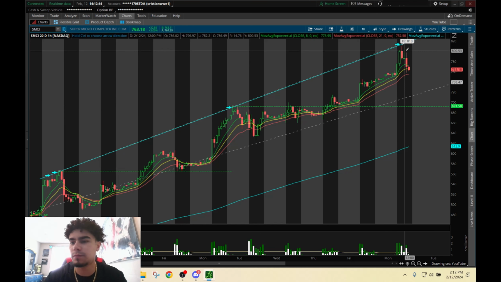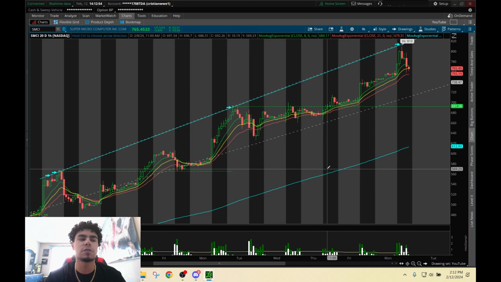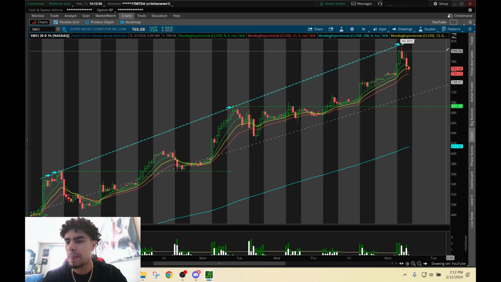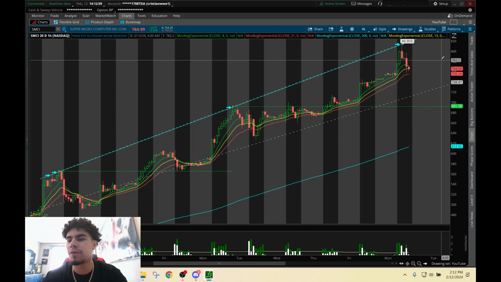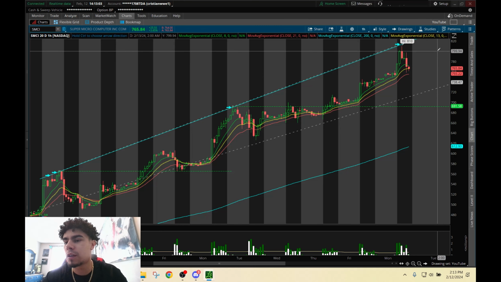But the last thing that I would use for a profit target, not the most important to me, but something you want to look for, are key psychological levels. So since we're on this stock right now, basically every $5 or $10 is going to be a significant level. So 800 is definitely going to be a significant psychological level.